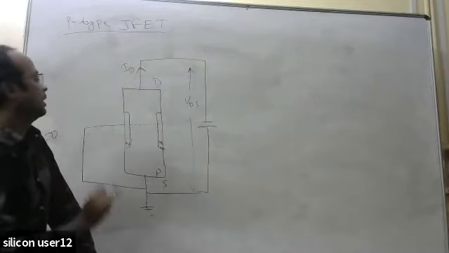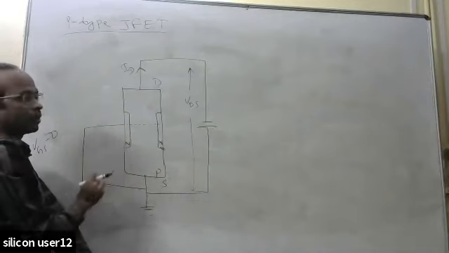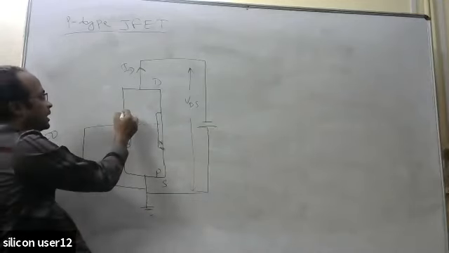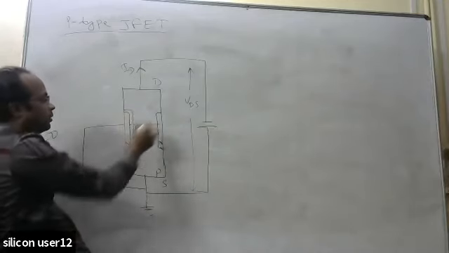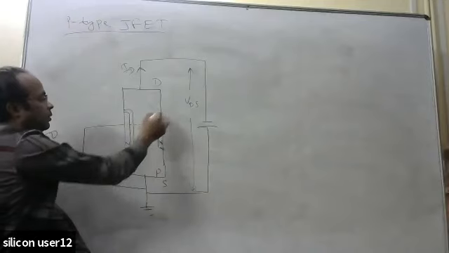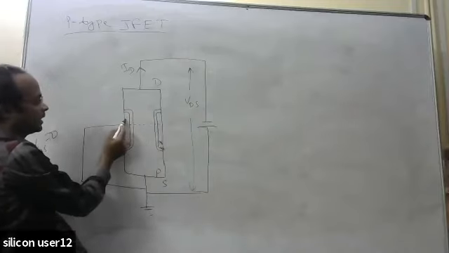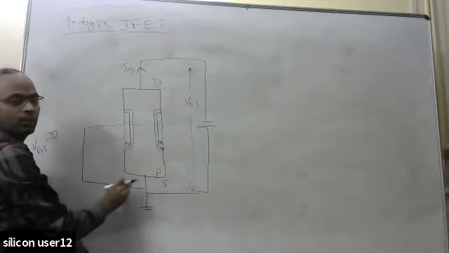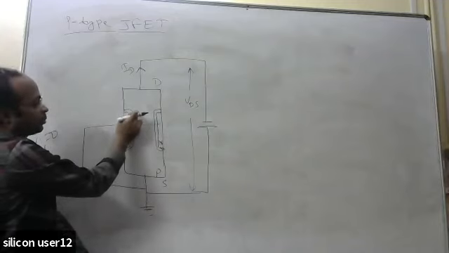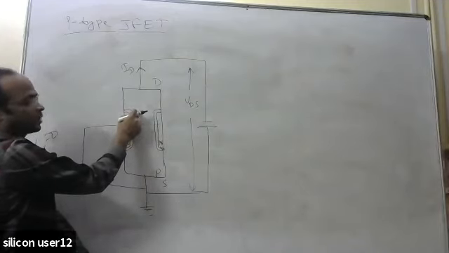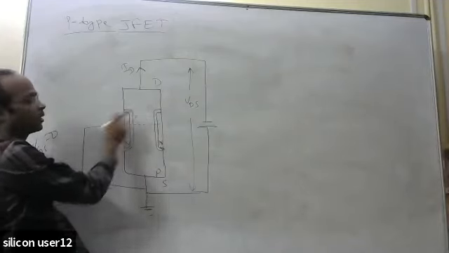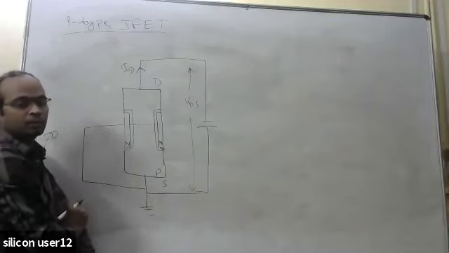Along with the flow of current, initially there will also be a certain depletion region. This depletion region will also get reverse biased. Why? Because at this location I am applying negative voltage, and this N side is connected to 0. So P is connected to negative voltage and N is connected to higher potential, which means it is getting reverse biased.